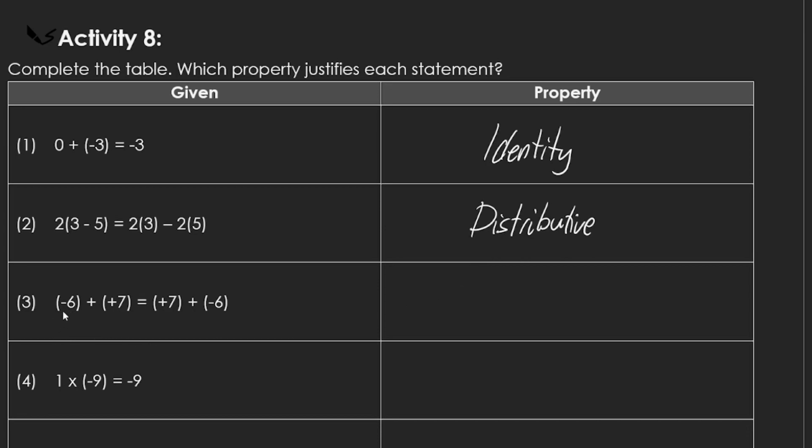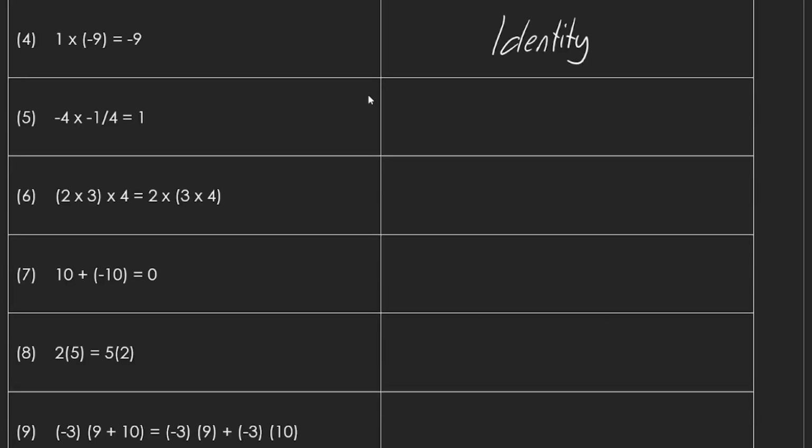Number 3, negative 6 plus 7 is the same as positive 7 plus negative 6. The order does not matter, so this is commutative. Number 4, 1 times negative 9 is that number also, so this is just identity. Number 5, we have negative 4 and negative 1/4 give us the identity, so this is the inverse property.